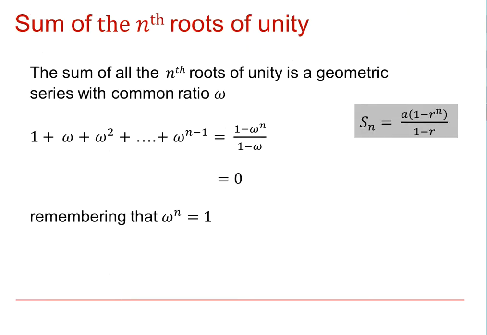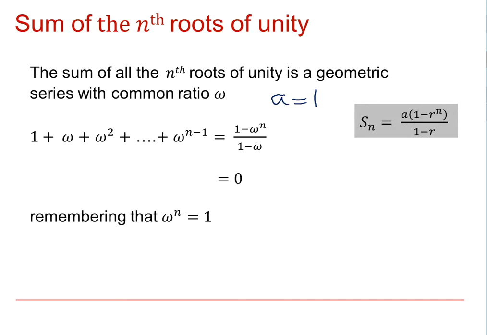The sum of all the nth roots of unity is a geometric series with common ratio omega. You will note that a equals 1. And you are expected to be able to explain why the sum of the roots of unity is 0.